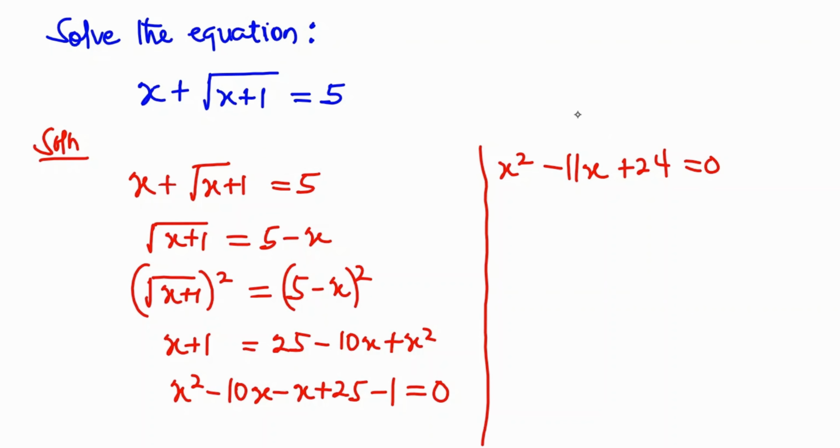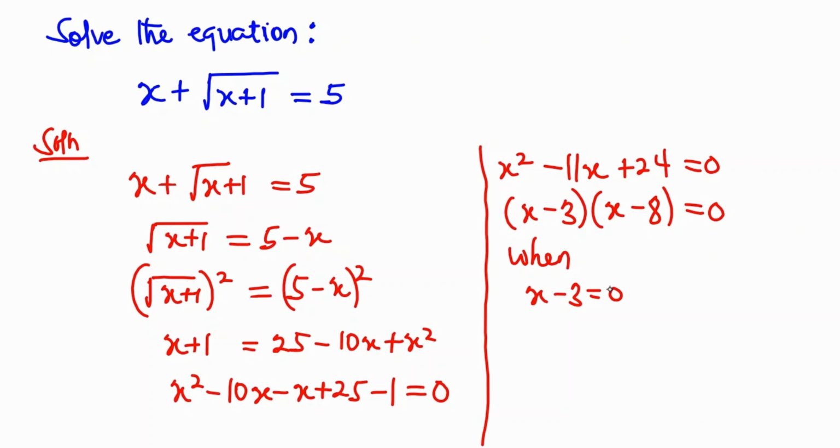So this is a quadratic equation, and we can easily use a calculator to find the factors. We can simplify it. So the simplified factors for this quadratic equation give us x minus 3, and then we have x minus 8, which is equal to 0. So here we can see that when x minus 3 is equal to 0, x is equal to 3.